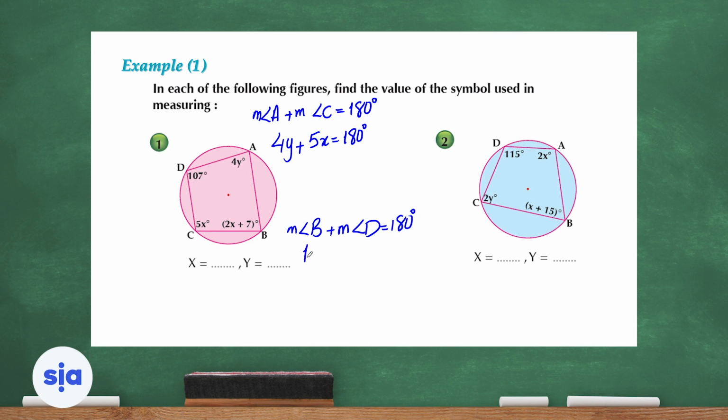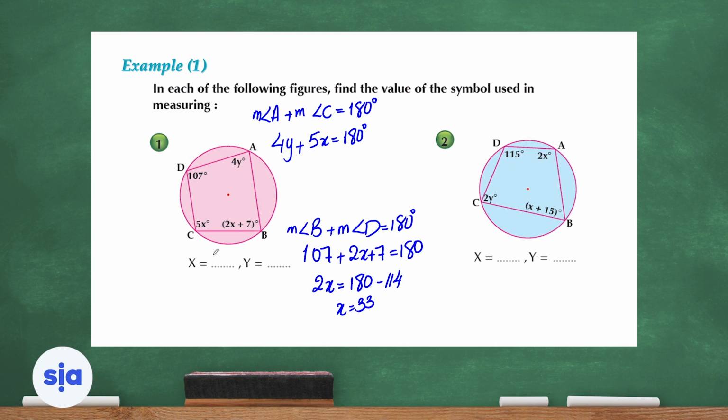So 107 plus 2x plus 7 is equal to 180. To solve this equation, 2x is equal to 180 minus 114, so x equals 33.